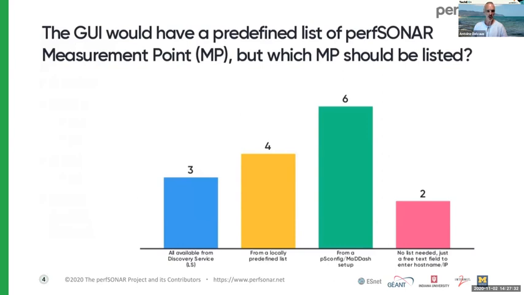One of the questions was: if you had access to a list of measurement points, which one would be the most interesting for you to run a new perfSONAR on-demand test? A majority of users said that from an existing MaDDash or pSConfig setup, being able to run an on-demand test between the hosts that are involved in a grid would be interesting.